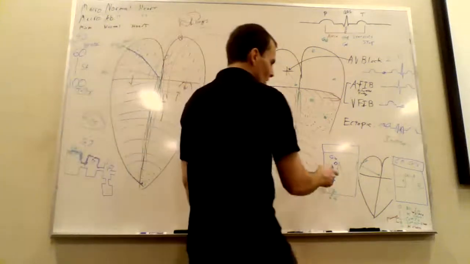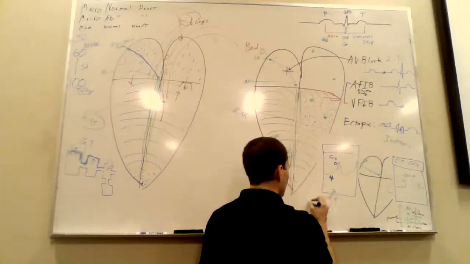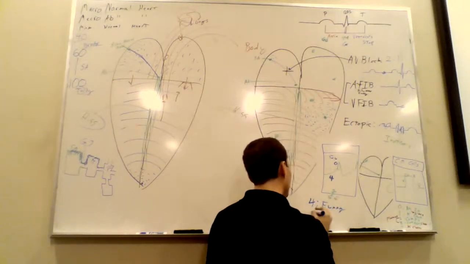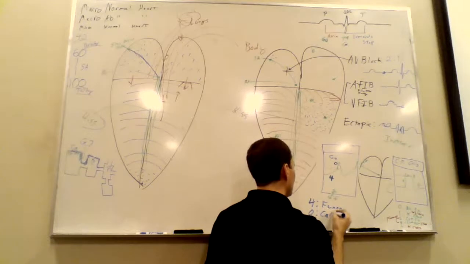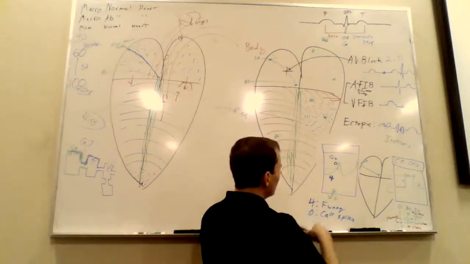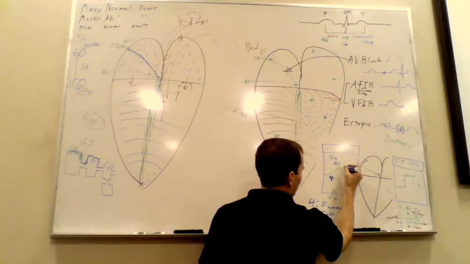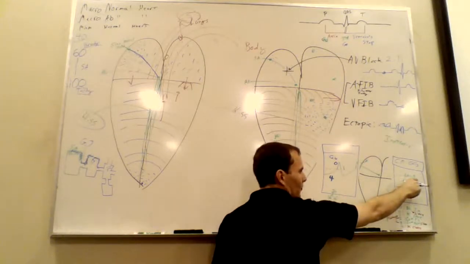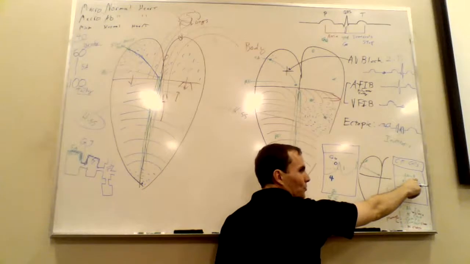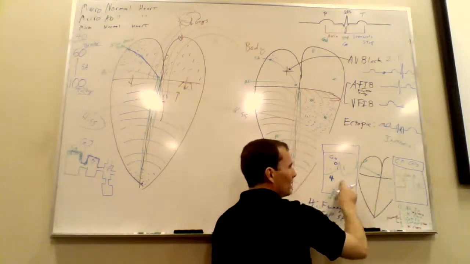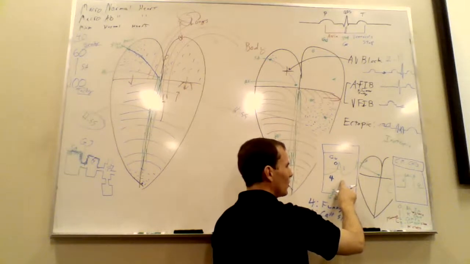Okay? So 4, funny channel. 0, calcium spike. And then we have phase 3, which they just used to call the drop phase. The reason they did that is because over here, right after 3, was when you had your huge drop in the cardiac muscle cells. And they're like, well, it's a huge drop. Should we call it phase 1 or phase 3?